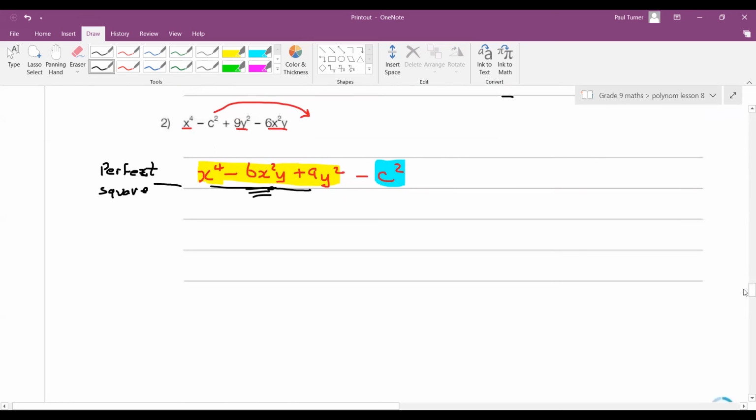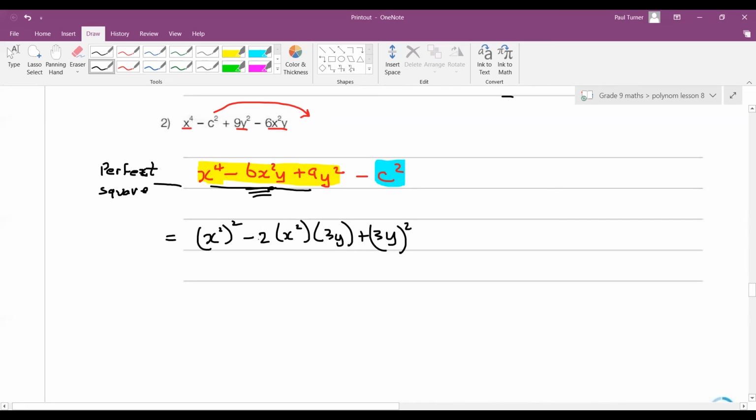Okay, so for this question, x4, we can make that x squared squared. By your perfect square rule, we would have 2x squared. This is 9y squared, so that's 3y plus 3y squared. So I'm just writing this down from yesterday's lesson for perfect square.